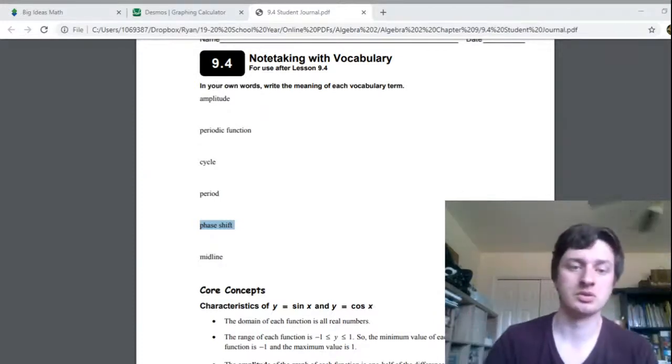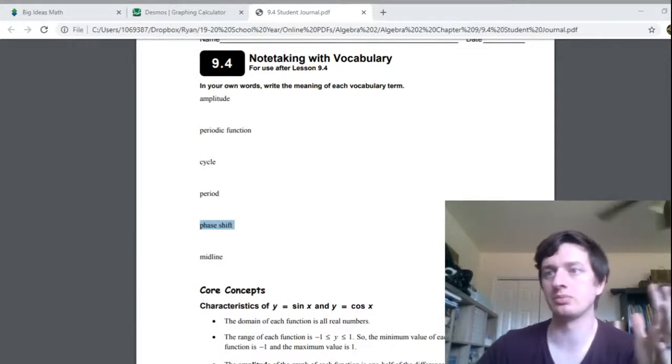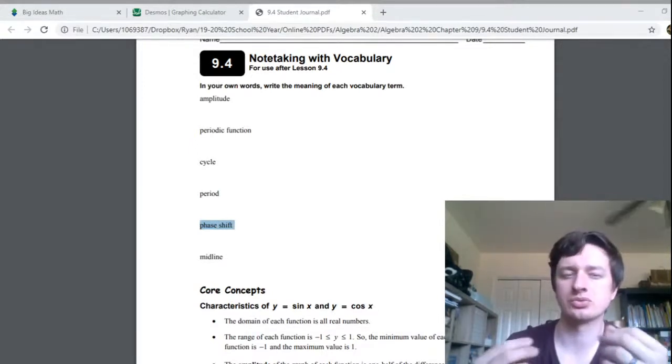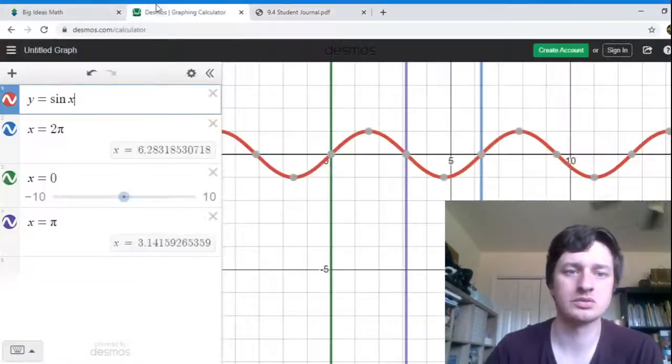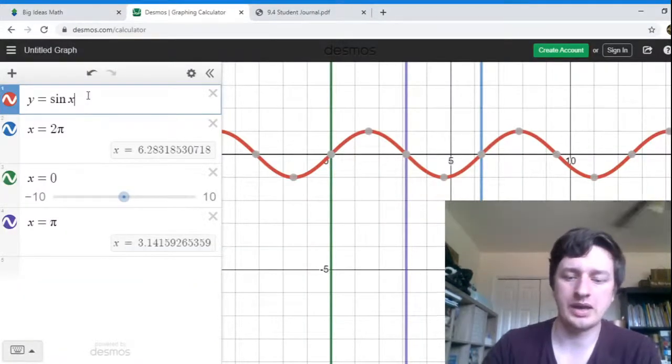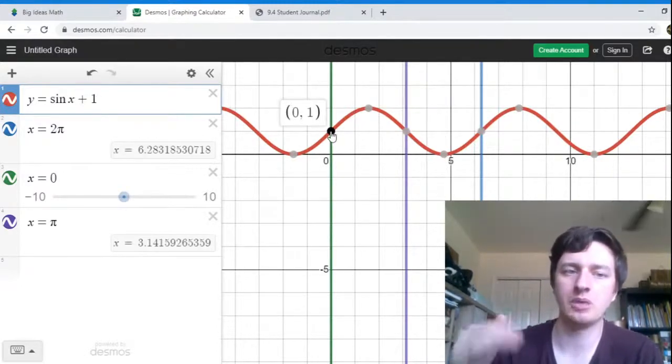just like any other function. It just doesn't look like it has a center point because it repeats forever on both sides. So there is a center, but it's not really the center because it repeats over and over. Right, if I add 1 here, look, it shifted the graph. It started at 0. It shifted up 1.